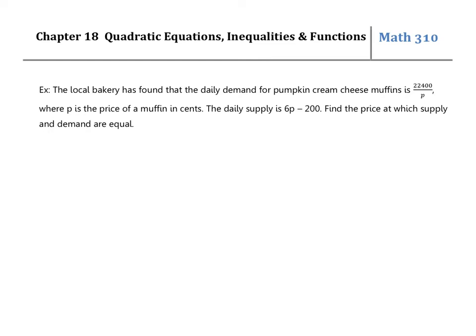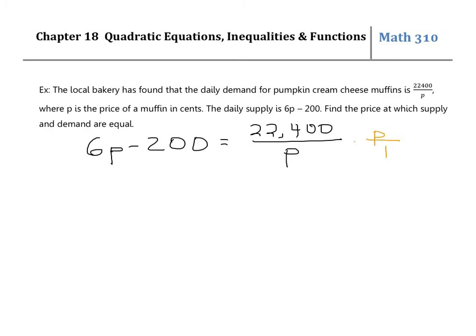And you are to find when the supply and demand are equal. So you are to find when 6p minus 200 equals 22,400 over p. So let's multiply both sides by p so that we can eliminate the p in the denominator here.